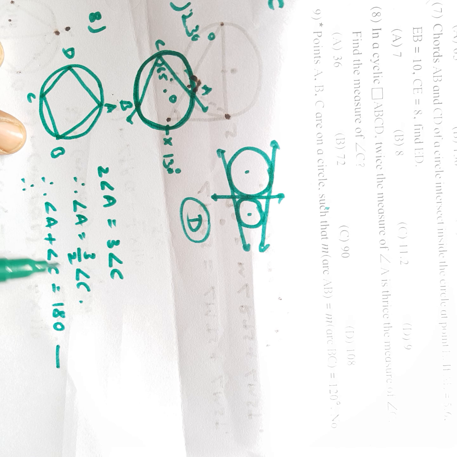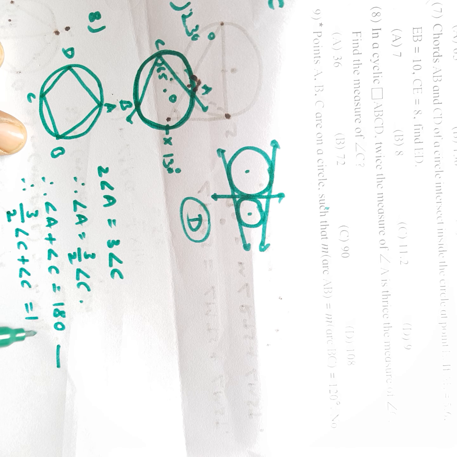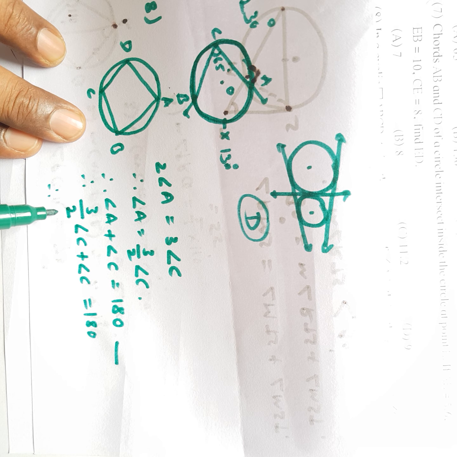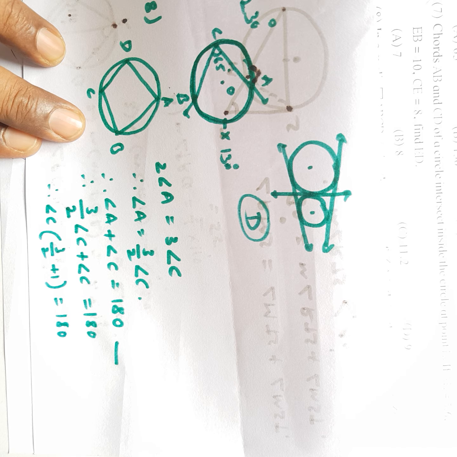Therefore, we can put the value of angle A as 3 upon 2 angle C plus angle C is equal to 180 degree. If we take angle C as common, then angle C into bracket 3 upon 2 plus 1 is equal to 180. Therefore, we can solve it.